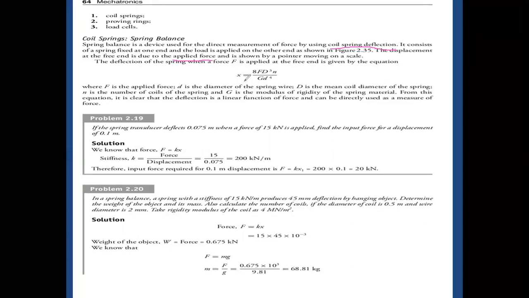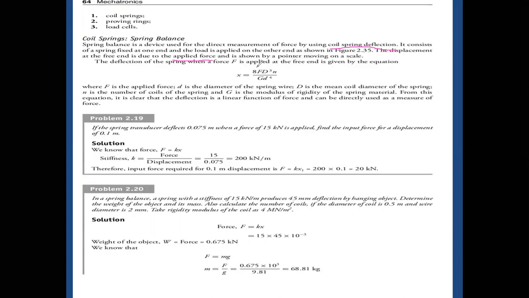So the displacement at the free end: x equals 8 F D cube n over G d power 4.